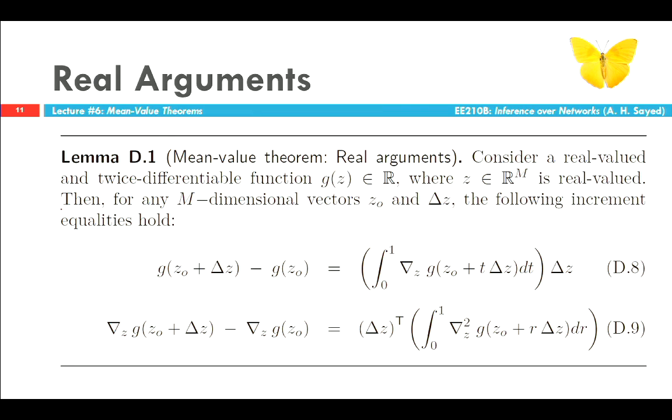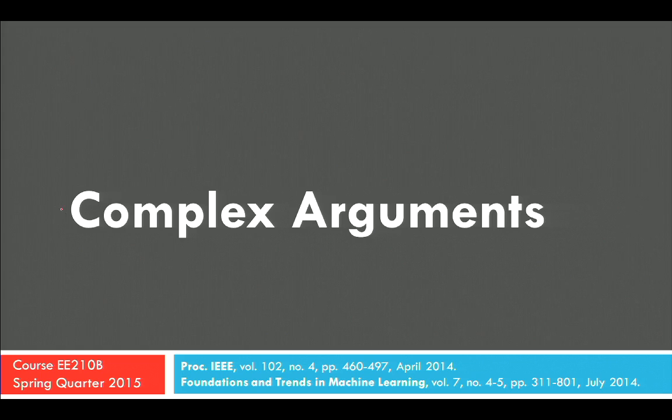They're not difficult. And I will be using them to perform approximations like this. For example, if z0 happens to be the z superscript o, which is the minimum of g, remember my notation, then this term will disappear, right? Okay, very good. So let's do the extension to the complex arguments.